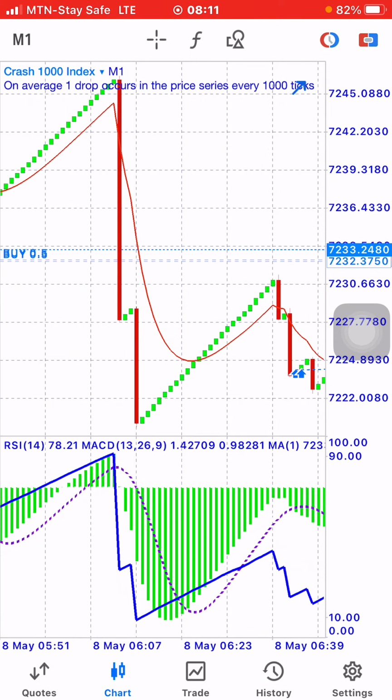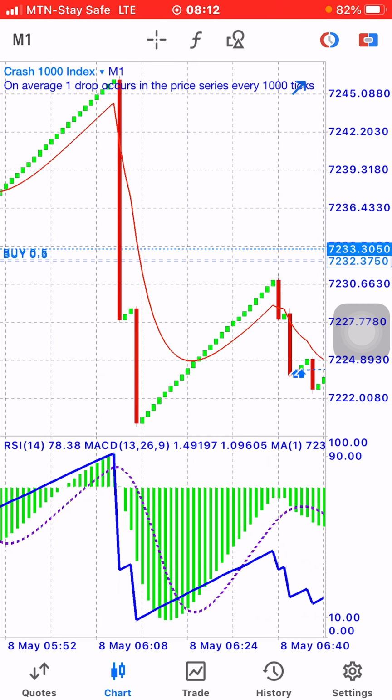You see where this spike occurred, look down to where this blue line and the purple line cross each other after the spike happens. If this one crosses first, you exit the market.